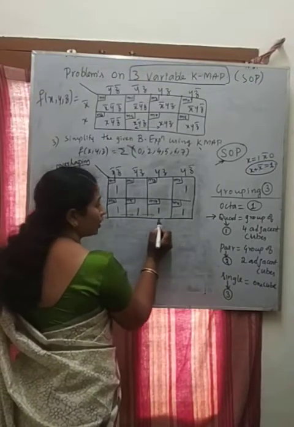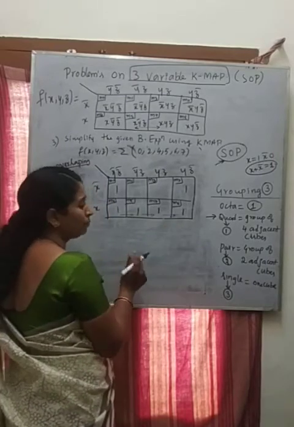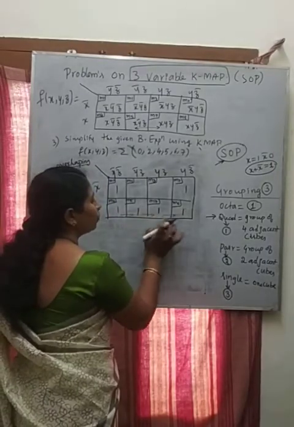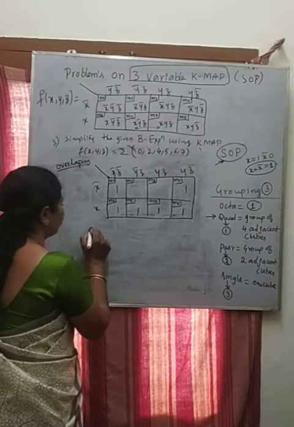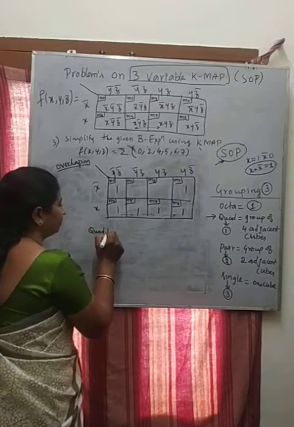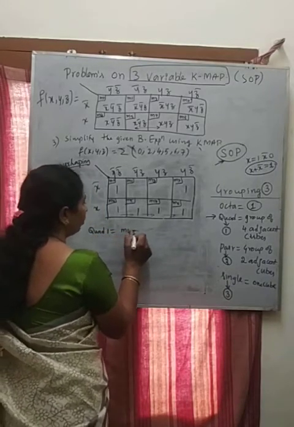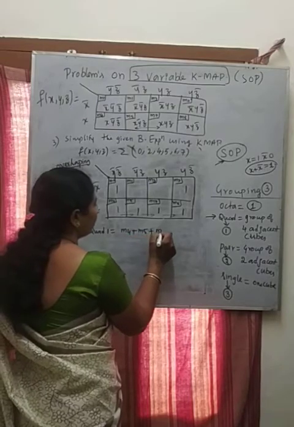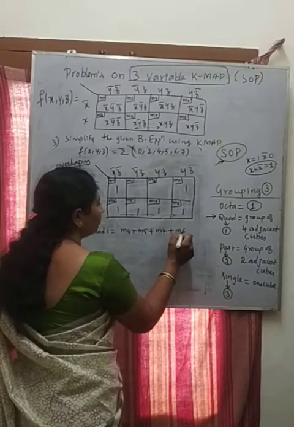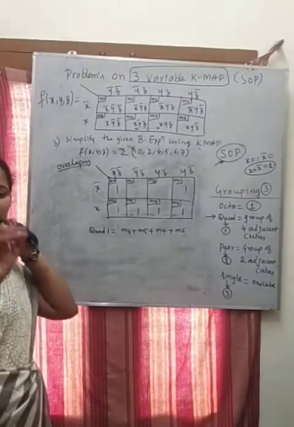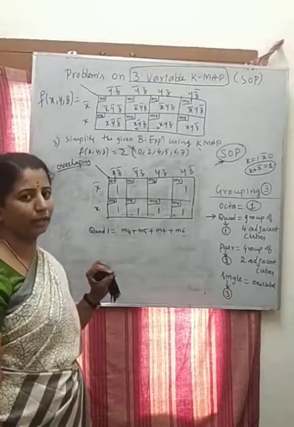M5 is adjacent to M7. M7 is adjacent to M6. 1, 2, 3, 4 cells are adjacent. Then go for quad. That is M4, M5, M7, M6. 4 adjacent cells gives you quad.